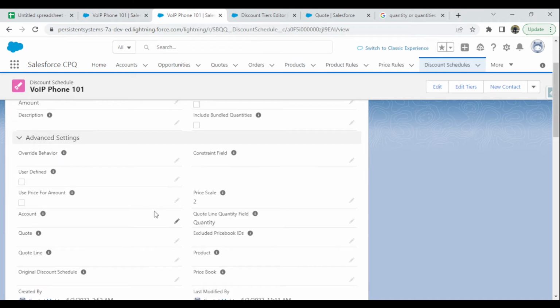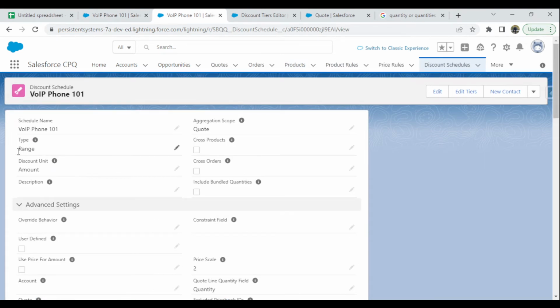This is the discount schedule we are having, and we are having the type as range. We are having two types, one is range, another one is slab. We'll talk about them in detail in upcoming videos, but let's now focus on the range type. Here the aggregation scope is quote. So we are going to apply this tier based discount over a quote and not over a quote line.